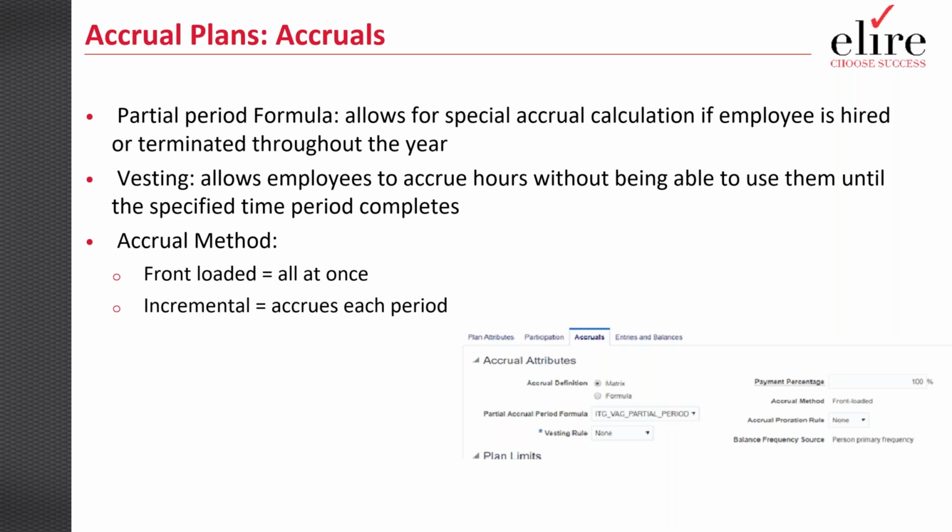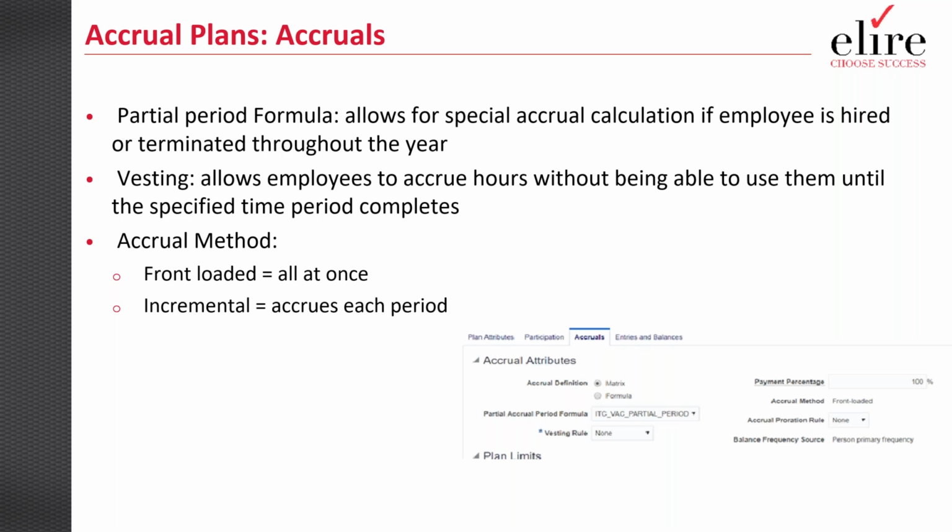The partial period formula allows you to custom calculate what their accrual should be if they're joining partway through an accrual period. So if I set my accrual period to be 1/1 of every single year, and I come in June, and instead of getting 80 hours, I really should have 40, that's where you would use a partial period formula to do that calculation and ensure that your employee doesn't get more leave than they really should.